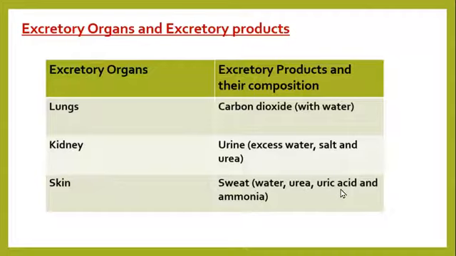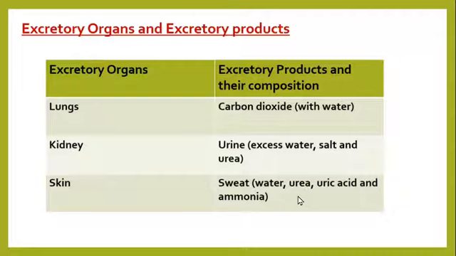Purine is a compound in some food like beans, and ammonia. Ammonia is that gas that you smell whenever you are close to the urinal. So it means urine can also be composed of ammonia.